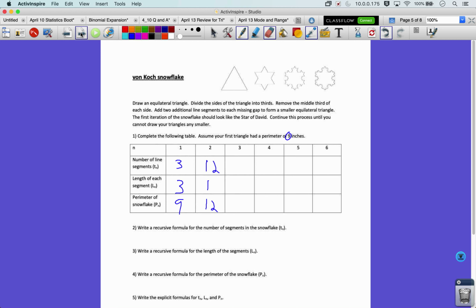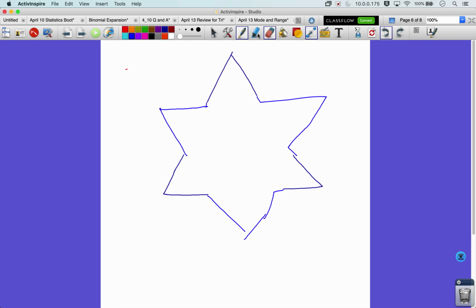All right, if we do it again, we gotta get our eraser. Gotta get rid of the middle third of every single line segment you see, which there are 12 of, and add another little triangle on top of that. All right, and then to do another one, you got to come along to all of these line segments, and there's 48 of them this time.